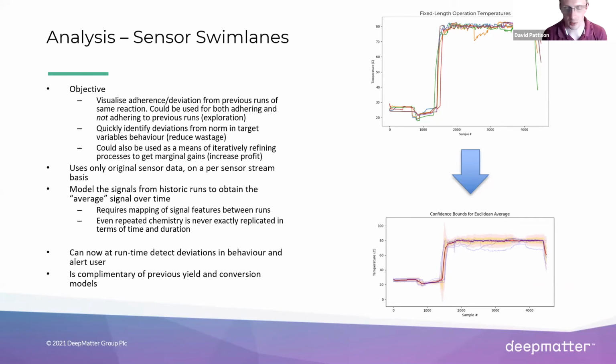So what we get in the top right here is the temperature trace across all of the runs, and you can transform that into an almost swimlane style representation on the bottom there, and that allows the system to flag you when you're going outside of your expected behavior, because that could be a correlate for a lower yield or possibly safety considerations. A couple of degrees sometimes can be the difference between something working and something exploding. But that's something which we very much are thinking about integrating directly into the platform.